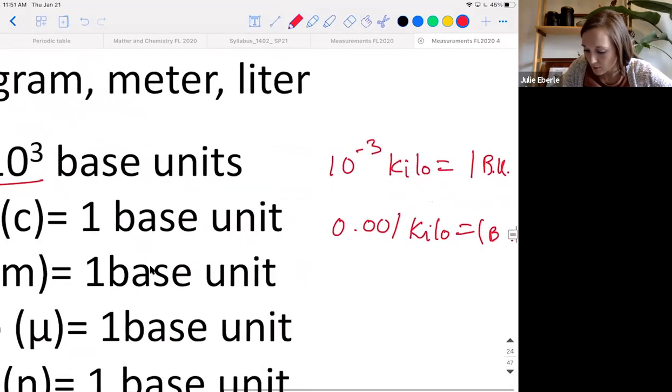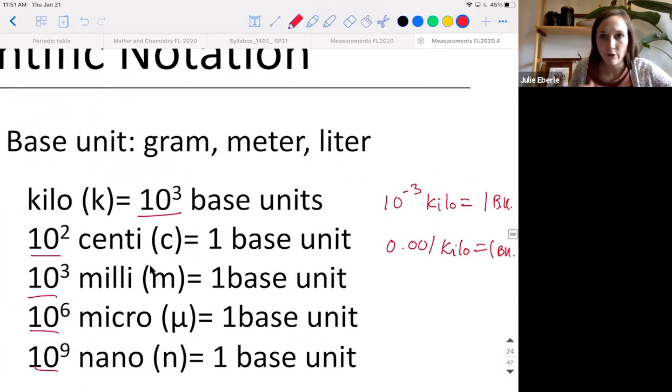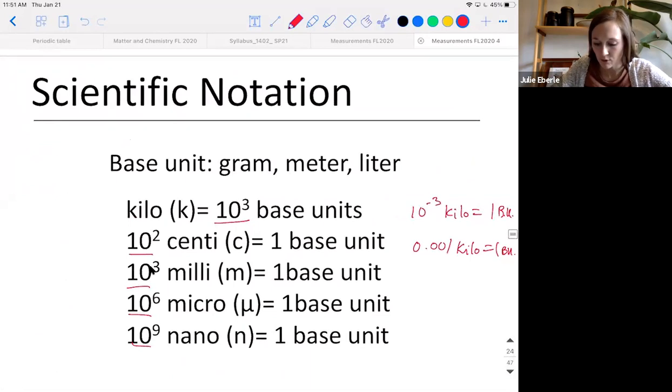Oh, I'm running out of room. So whatever way you learned it, if you learned it differently, as long as your relationships are correct, I don't mind you writing them in a way that's comfortable to you, okay? This is just the way I present it in this class. And if all that confuses you, what I just wrote over here, just ignore it and go with what I just showed you.